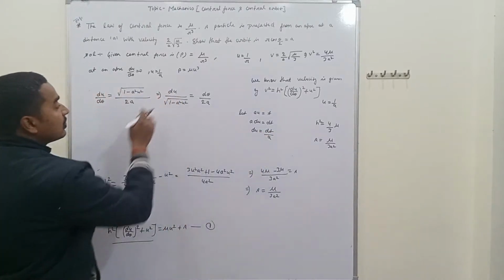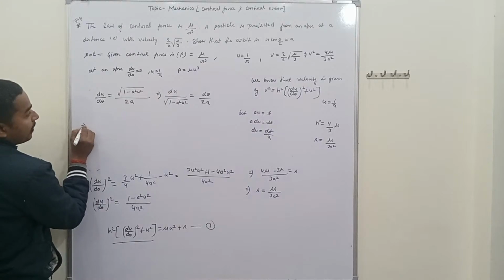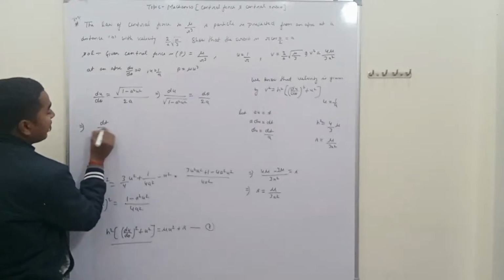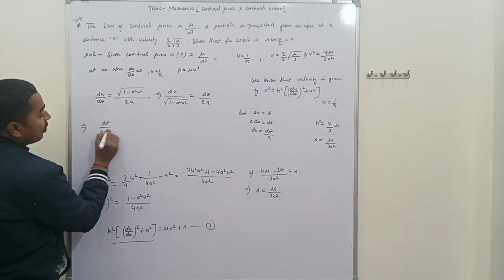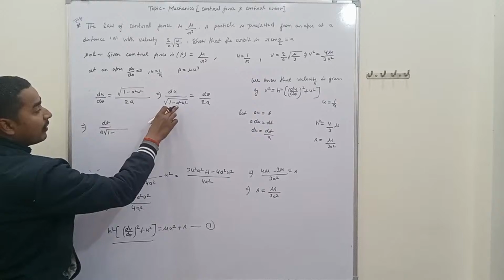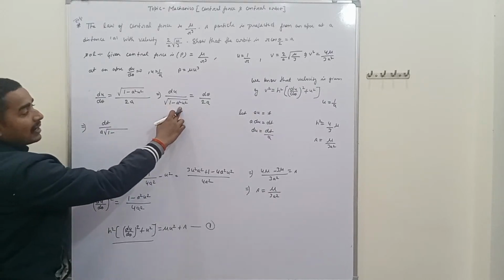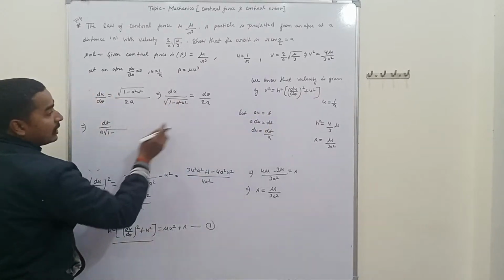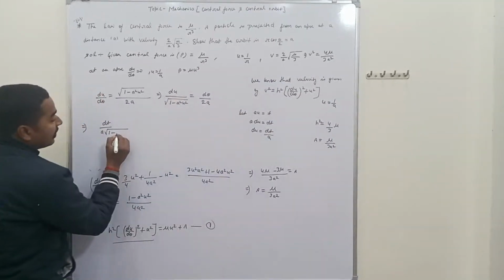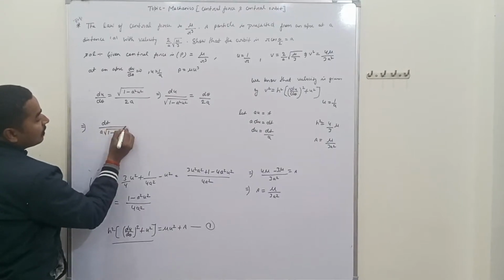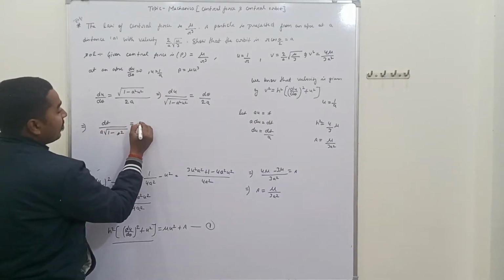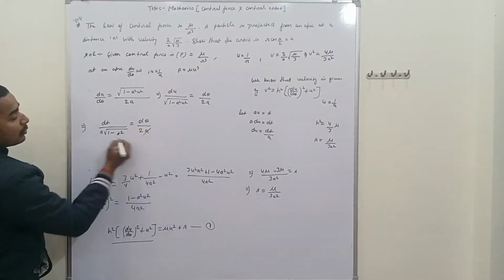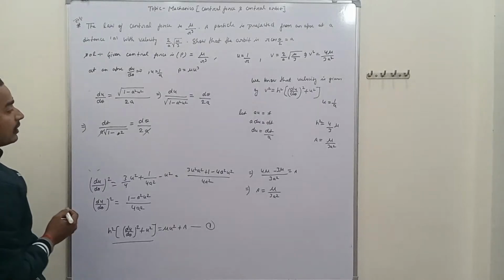We put this in the given integral: in place of du we put dt upon a, and under root of 1 minus au whole square, that is a square u square, we let au equal to t, so we put here t square, is equal to d theta upon 2a, and from here a and a are cancelled out.